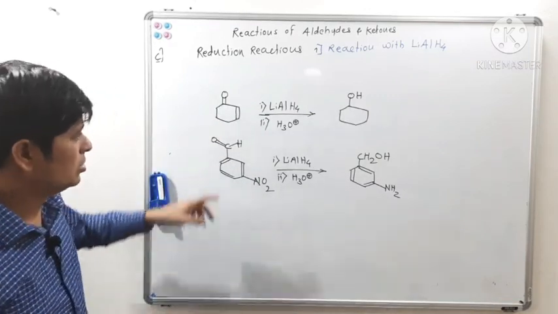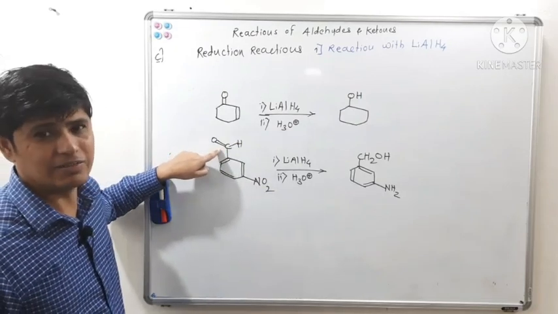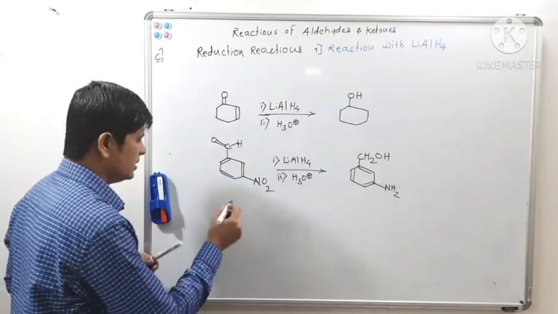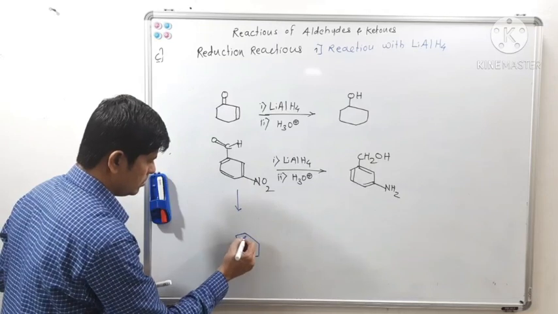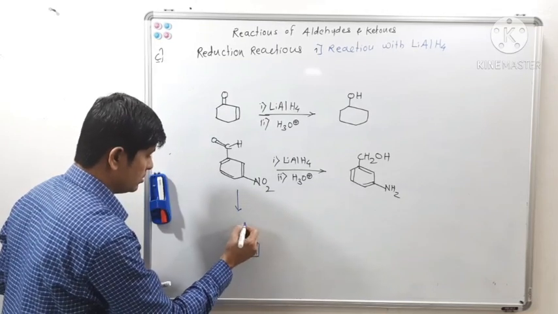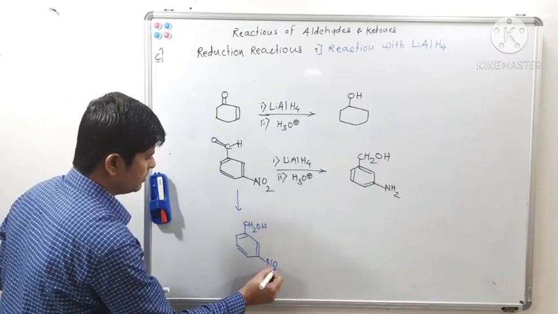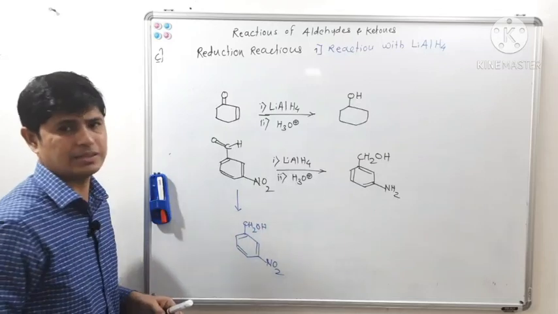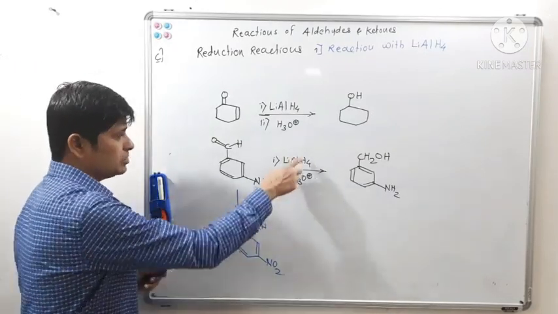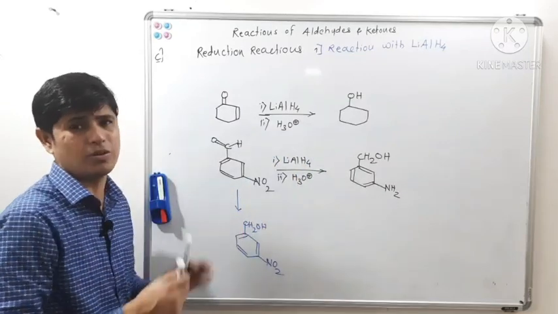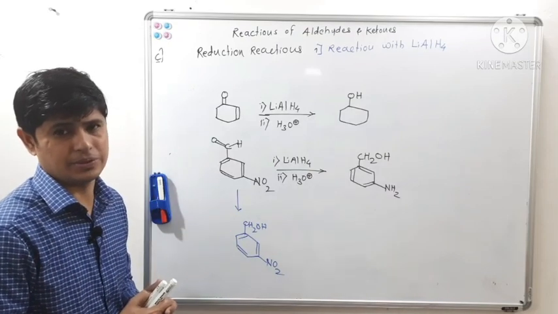So if I want only this product, not that product, that means I want the nitro group intact, the nitro group should not get reduced. So I cannot use lithium aluminum hydride as a reagent for this reaction. I have to think of some alternative, isn't it?